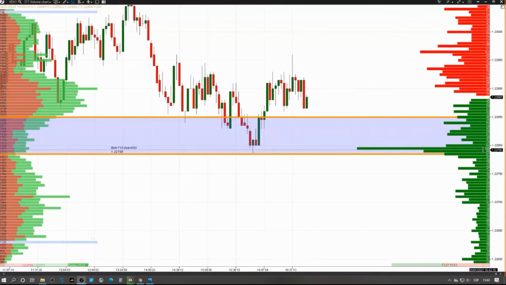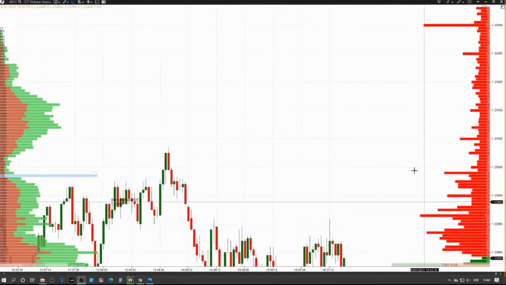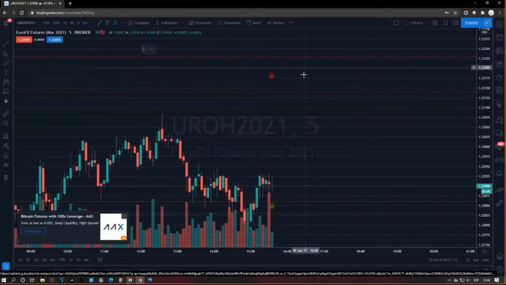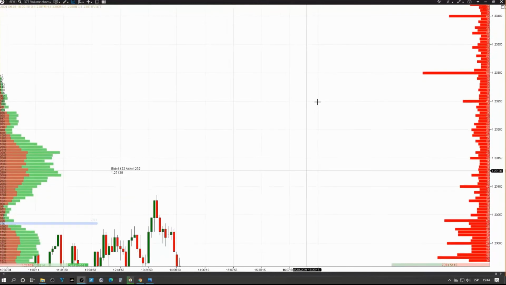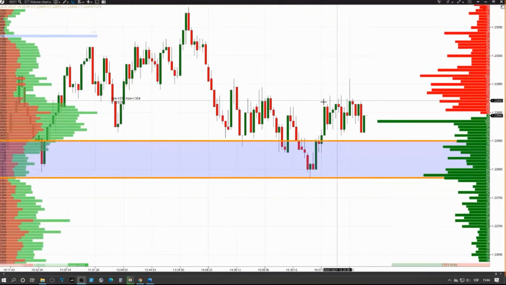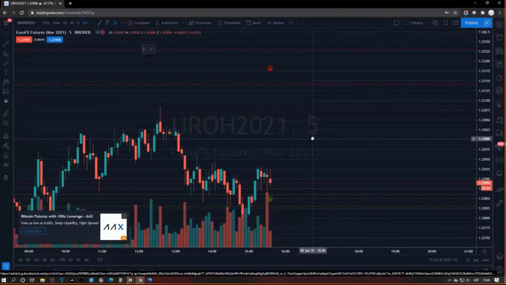We know that here are 196 lots of the euro pending to be filled. And we know that up here we have 266 lots at this price. So we have real data that we can use, okay?